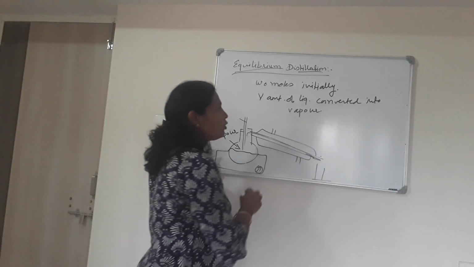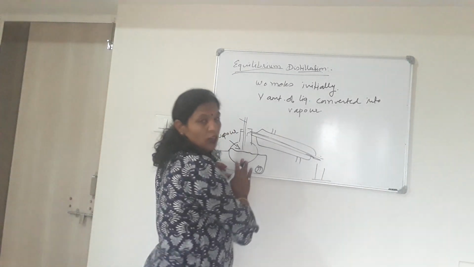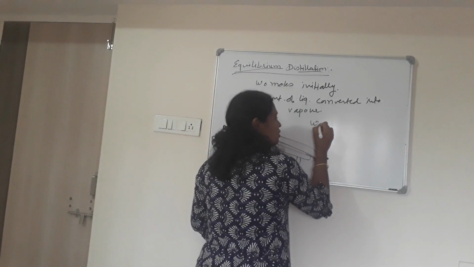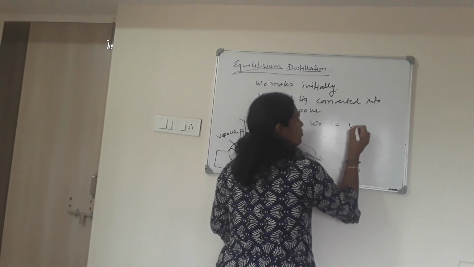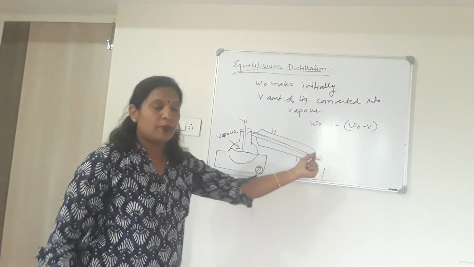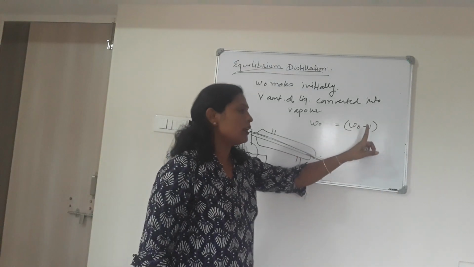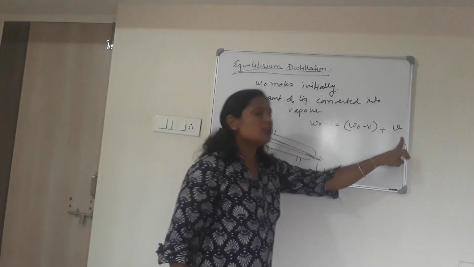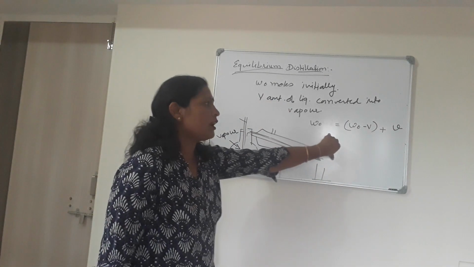So what will be the amount of liquid remaining in the flask after some time? We have taken W0 moles, and from that, V is the amount of liquid that is vaporized. So it becomes W0 minus V, and we have V moles which is vaporized. So this will be the case.